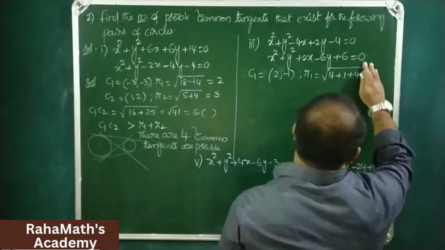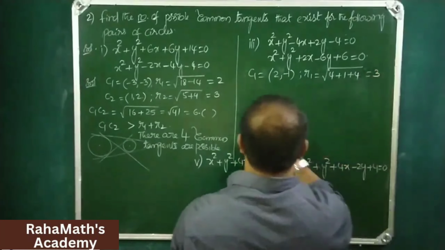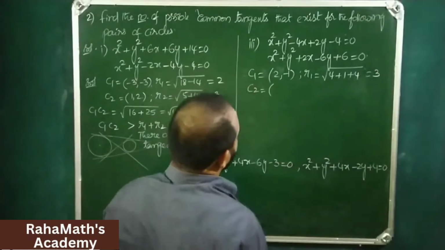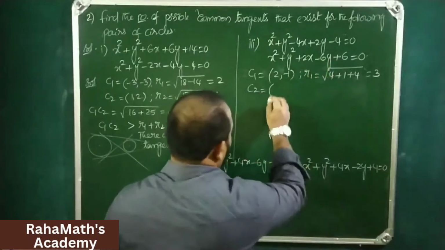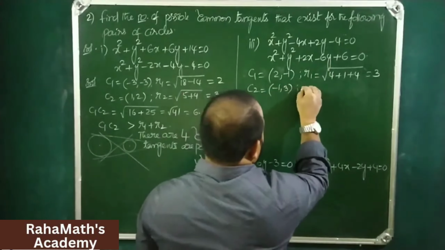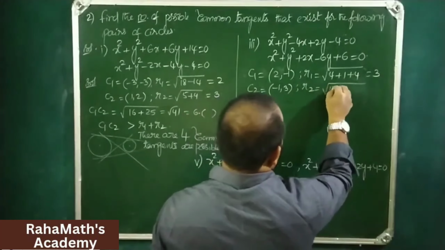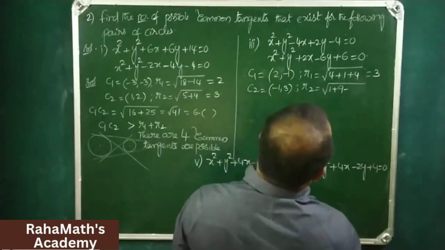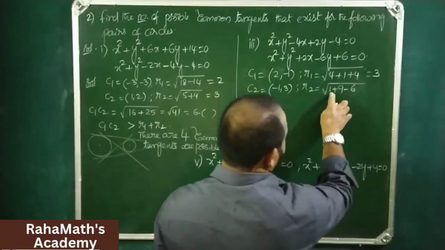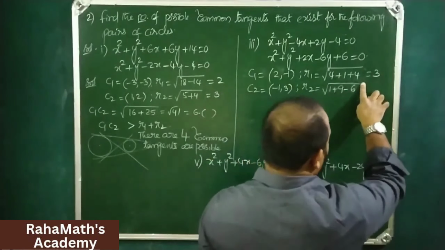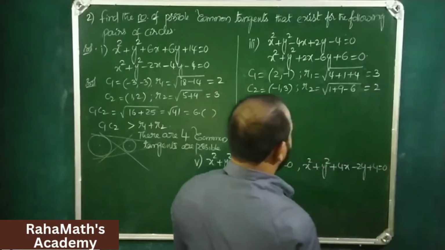So this is root 9, this is 3. C2 is equal to (-1, 3). Radius R2 equals the square root of 1 + 9, which is 10, minus 6, 4 under root, which is 2.